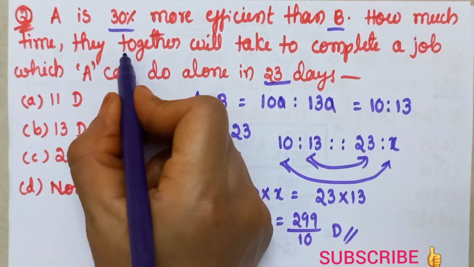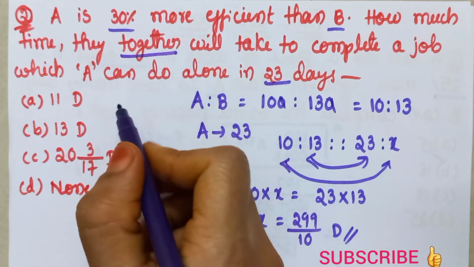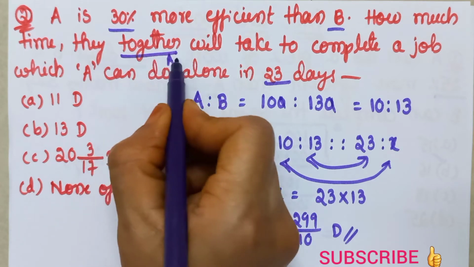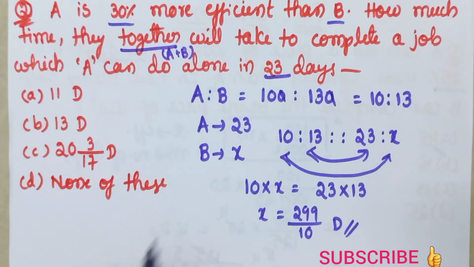But in the question they did not ask us to find the number of days taken by B. They asked us to find the number of days taken by A and B together. So in order to find that, we have to add the work done by A and B in one day. A's one day work is 1 by 23.